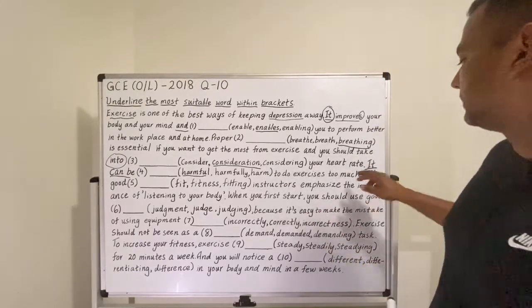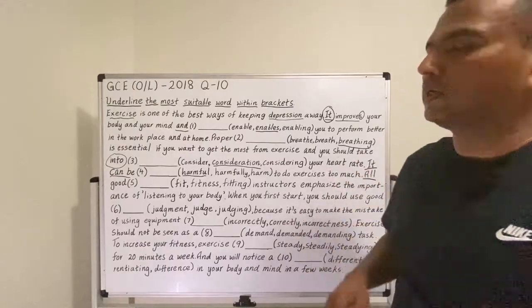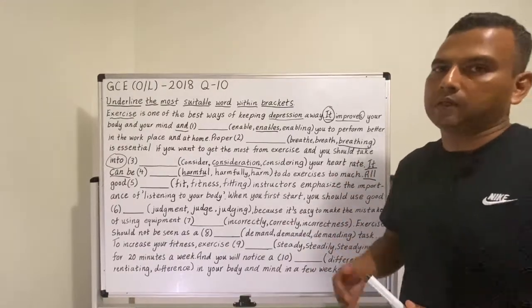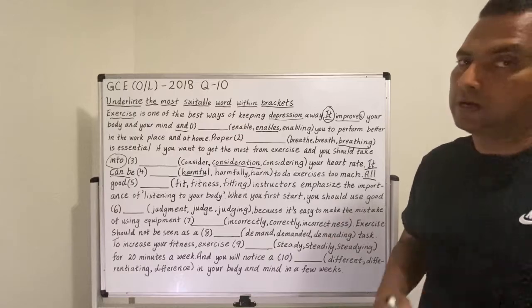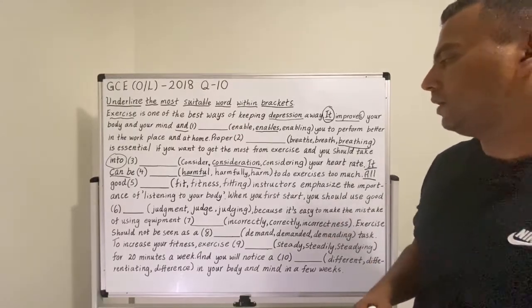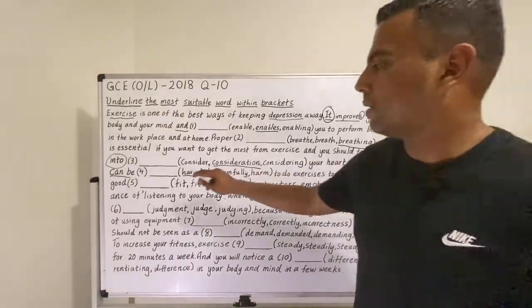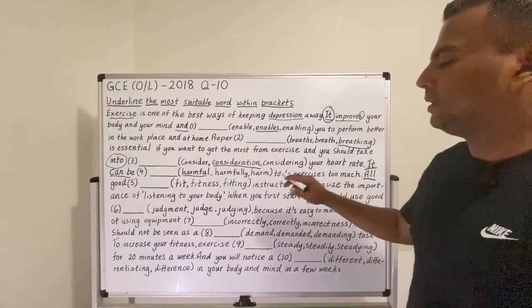But in this instance, it's a noun phrase. A noun phrase is where we have the noun and the modifiers of the noun. So here we will have to use another noun.